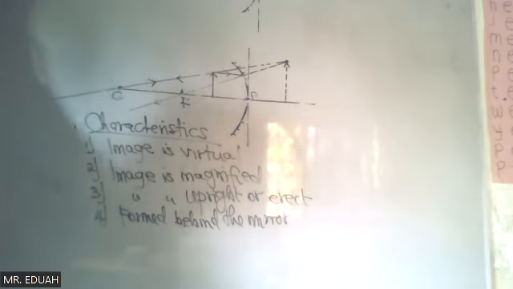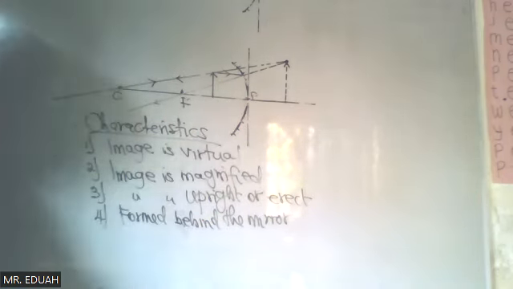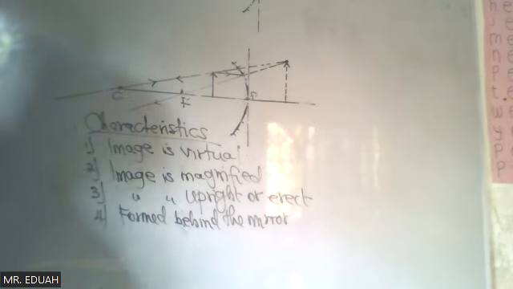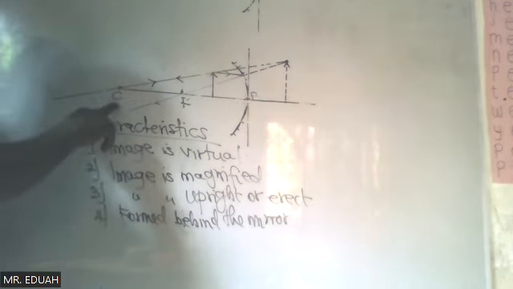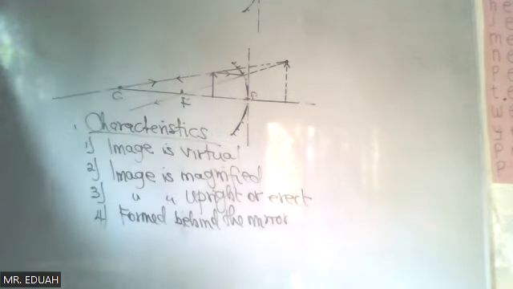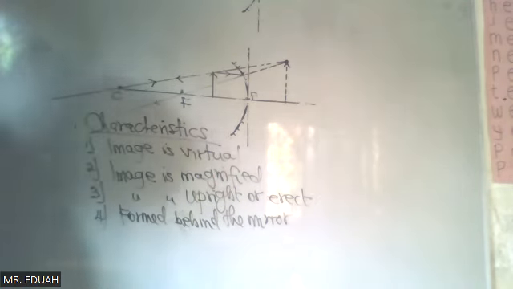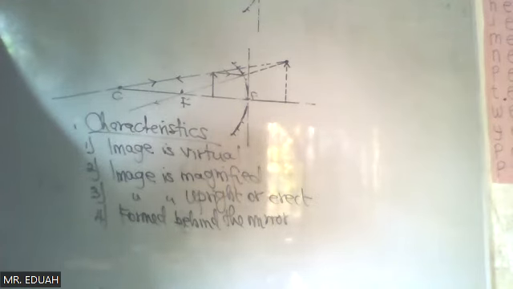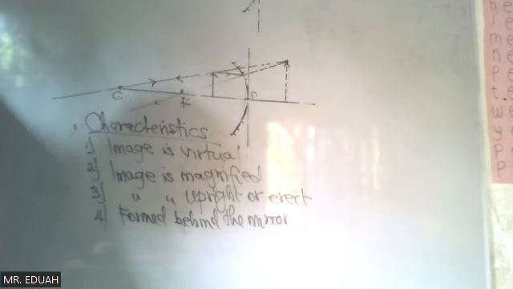Now, Chris, are you there? When the object is between C and F, what will be the nature of the image formed?